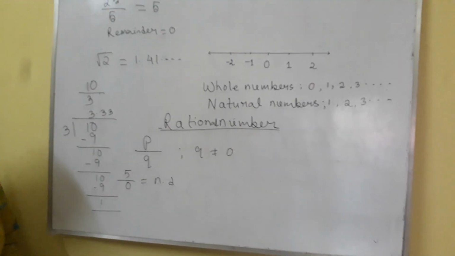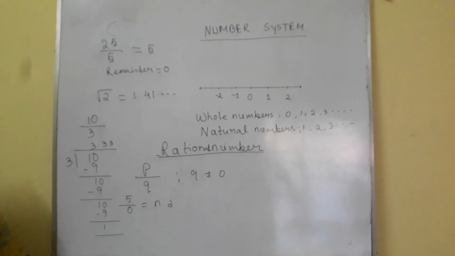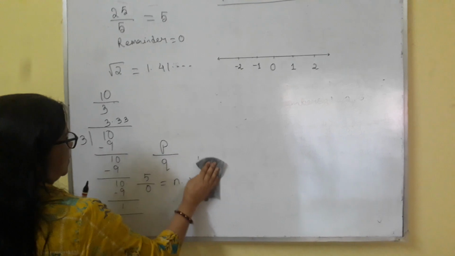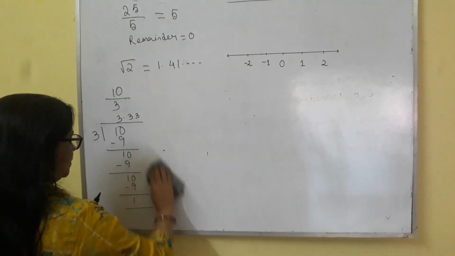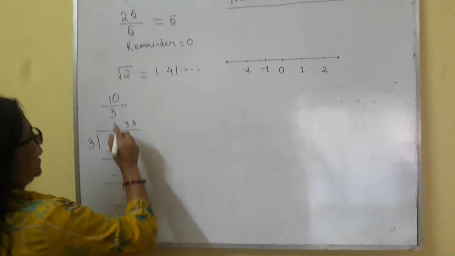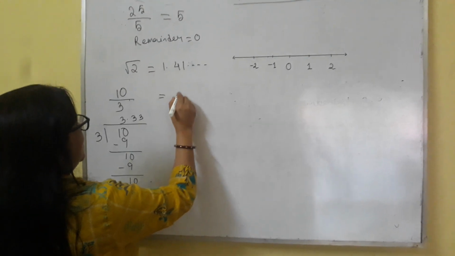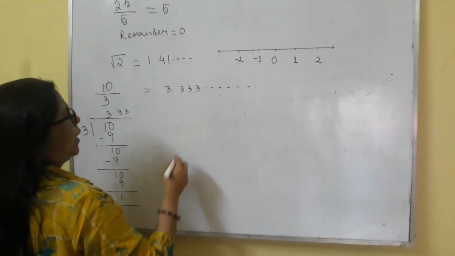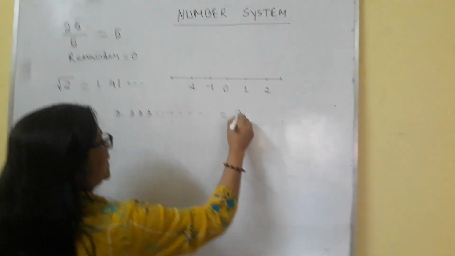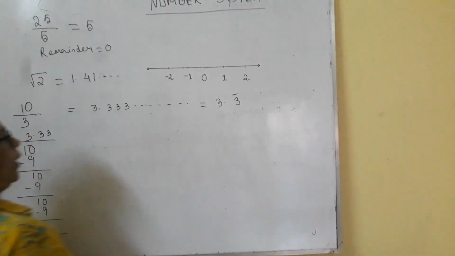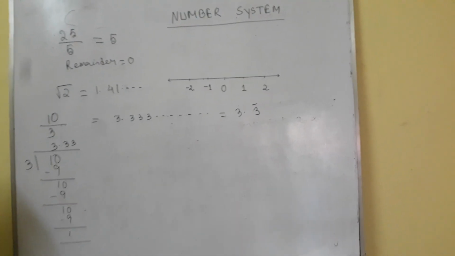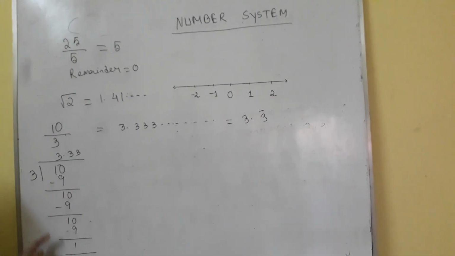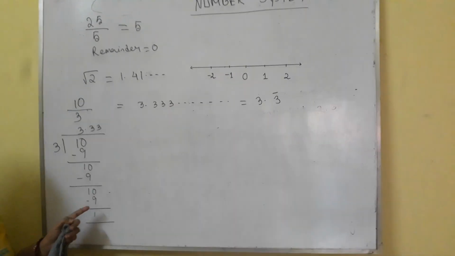That means if we divide 10 by 3, that gives you 3.3333, continuing like this way. It is replaced by another symbol, 3.3 bar. So we will not get a terminating point, which means we will not get the remainder 0. So this is called a non-terminating decimal expansion.